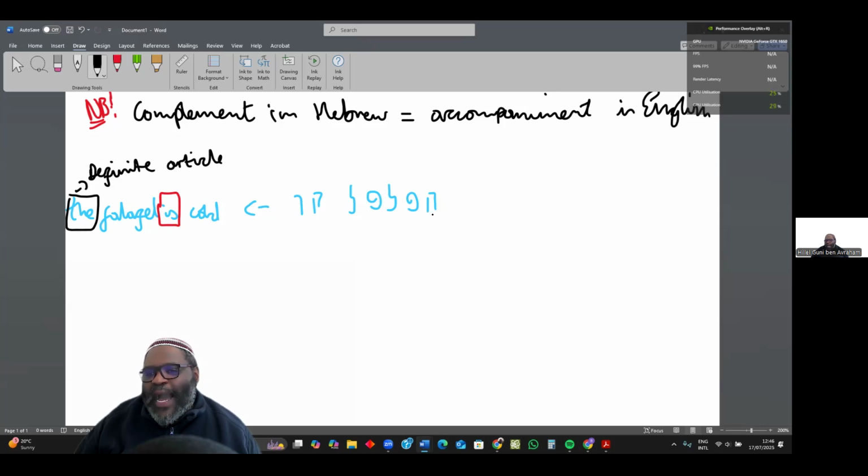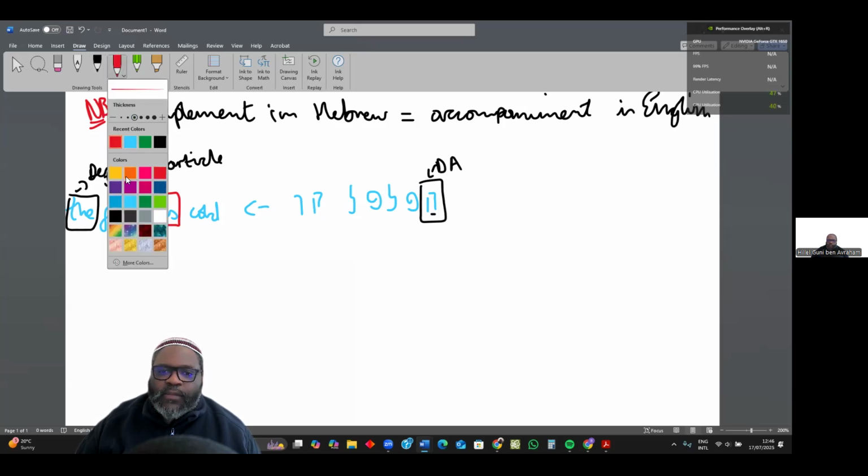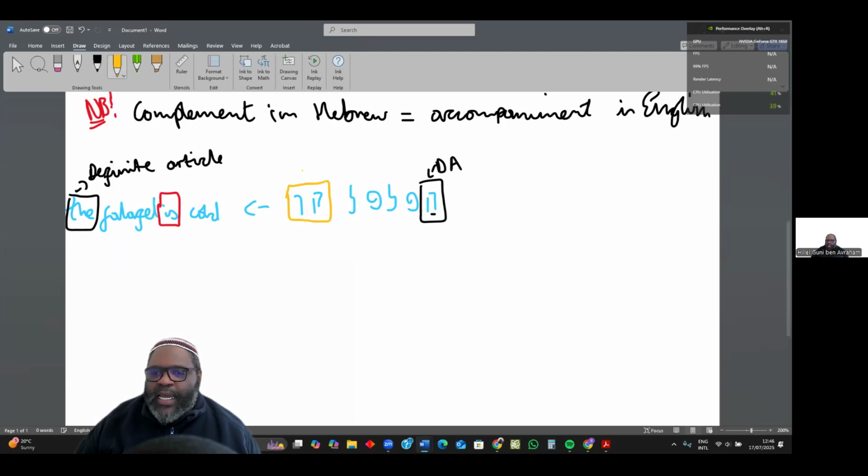In Hebrew, ha with a patach. This is the definite article in Hebrew. We call it the DA. So ha falafel kar. This is the adjective now. So we're going to call this one the adjective, because that's what it is. In English, the adjective is cold. There's the English adjective.